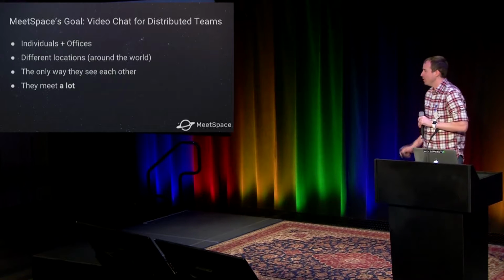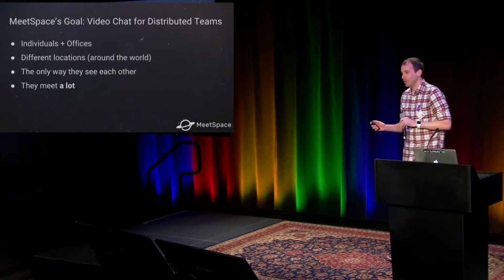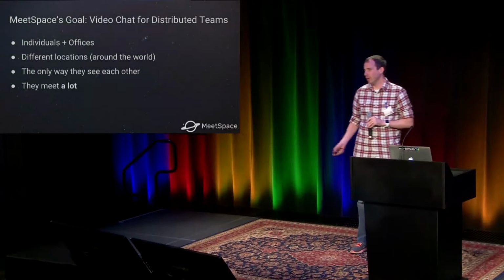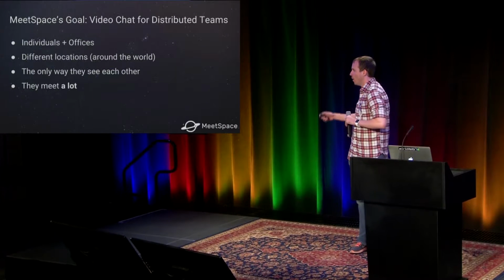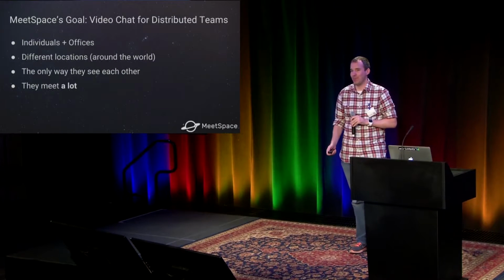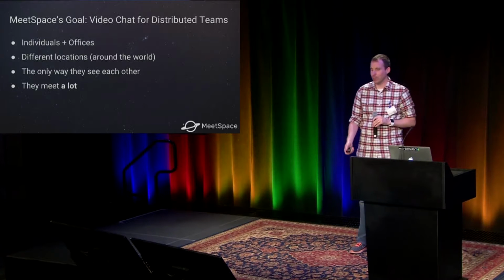So, MeetSpace's goal when we set out, we wanted to build video chat for distributed teams. And distributed teams are a little bit different in their use cases and what they need from a video conferencing tool. So they're individuals, and there are also offices involved with remote teams. So sometimes you've got people all in one office, but then different locations around the world are where a bunch of your other employees might be, out of their house, out of a co-working space.